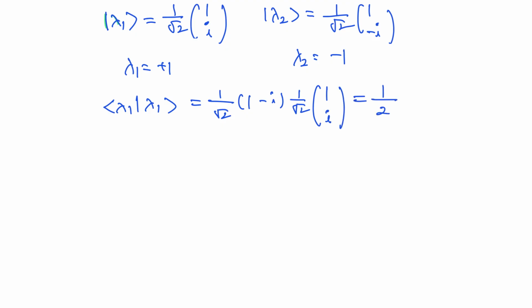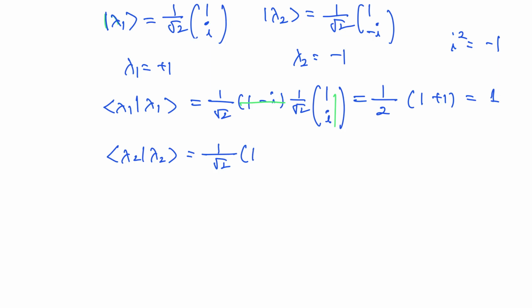1 over 2, you get this: 1 minus i squared. We have i squared is minus 1, right? So minus i squared is plus 1. It is equal to 1, right? Lambda 2: now it's the opposite.